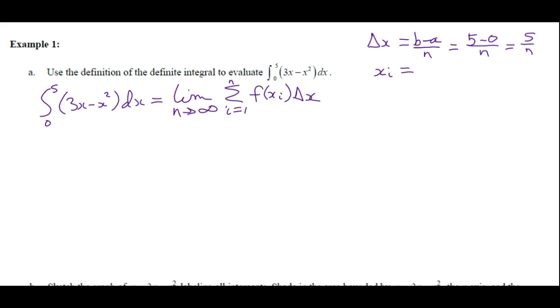As on the formula sheet, x sub i is defined as a plus i delta x, which is 0 plus 5i over n, or just 5i over n.